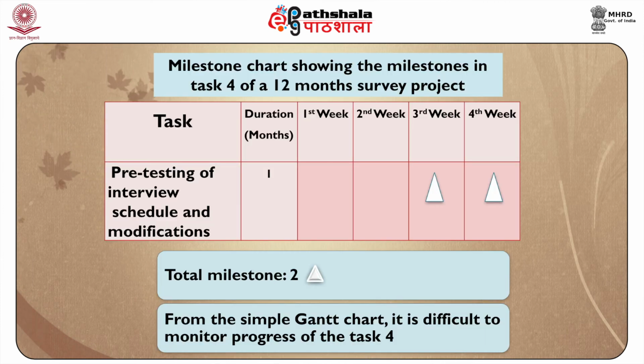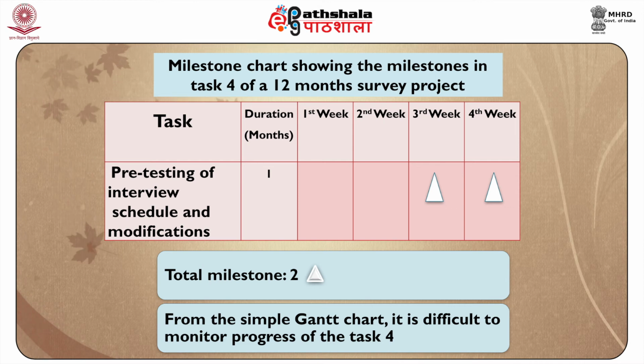From the simple Gantt chart, it is difficult to monitor progress of task 4, but introduction of a milestone at the end of the 3rd week and 4th week would specify the pre-testing would be completed in 3 weeks time and modification in interview schedule would be completed in 1 week time.